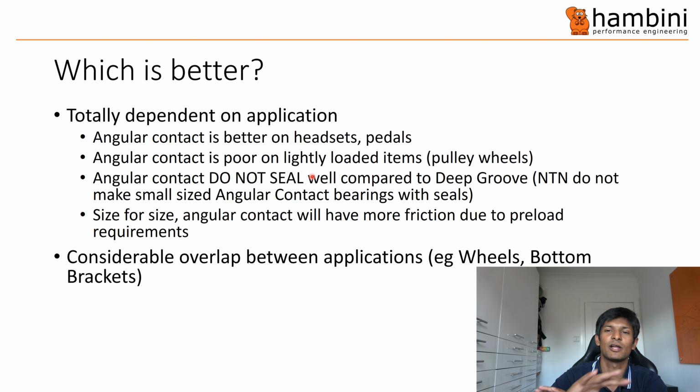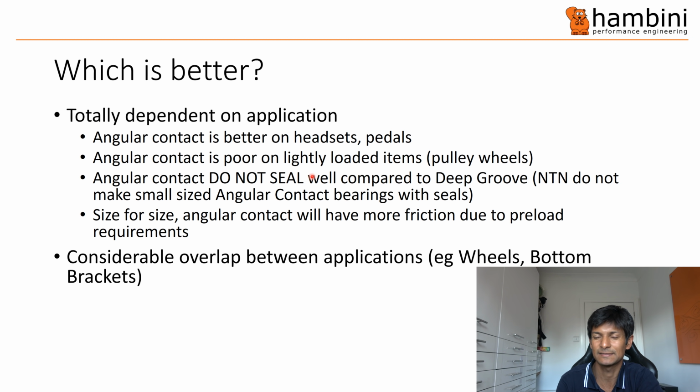There is a considerable overlap between applications, so wheels, bottom brackets and things, you could use angular contact or deep groove, depending on what you want. Shimano wheels have historically always been cup and cone or angular contact, and they do last well, but you need to service them.